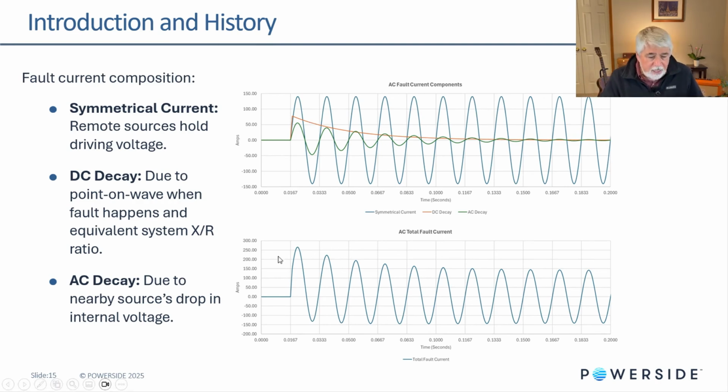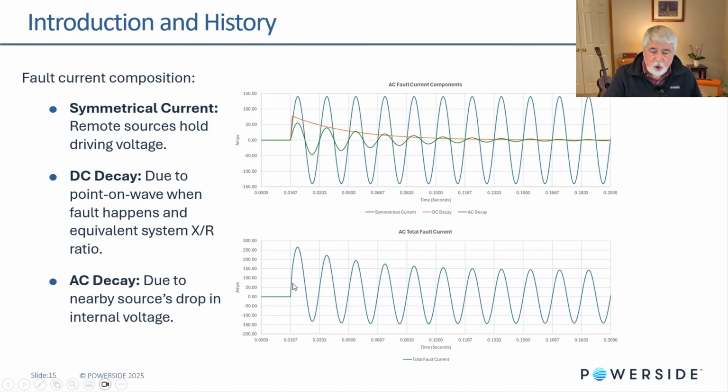Okay? And last is the AC decay. So if you have any nearby sources, if you have motors or generators that are nearby, what you'll find is there's an AC component, a fault current contribution, that will decay over time due to the time constants in the rotors of those machines. And so when you add all 3 of these together, and that's what's done here, all 3 of these on the top are added together and they produce the current that's on the bottom.